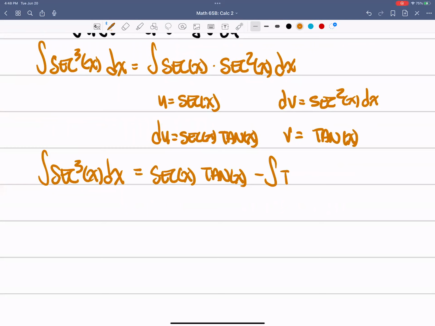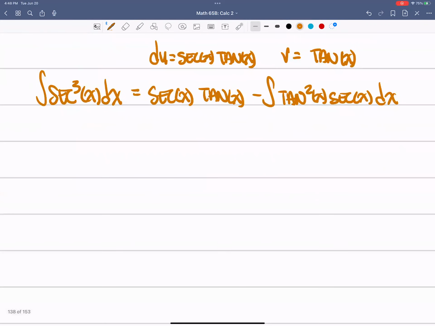We have tangent squared x secant x dx. All right, what do we have here? I don't see anything just yet. Let's do another substitution here.